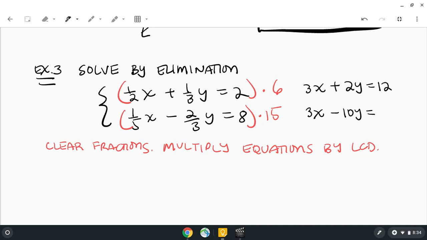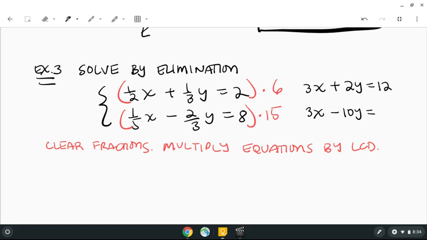And 8 times 15, that will give me that 90 again. We've seen that before. Oh, wait, hold on a second. That is not... that's 120.